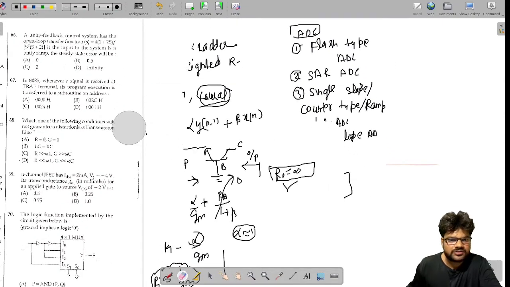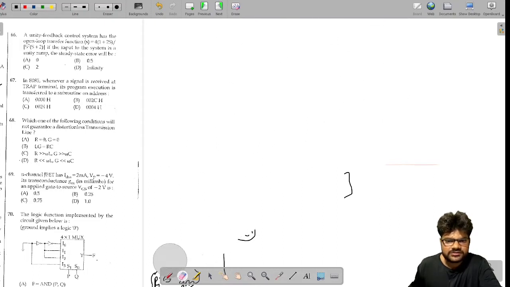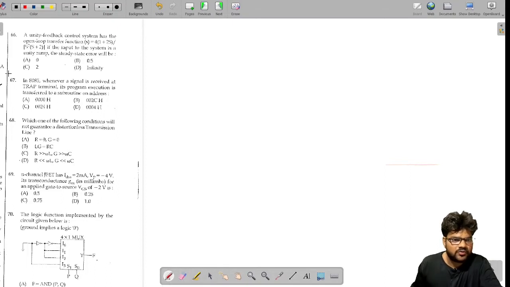Question number 66 is from control systems, and the question is: a unity feedback control system has open loop transfer function. We are given the open loop transfer function and unity feedback. So G(s) is 4 into (1 plus 2s) divided by s square into (s plus 2).